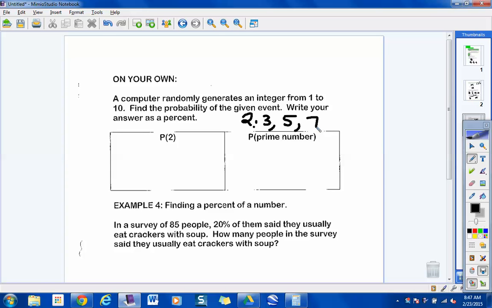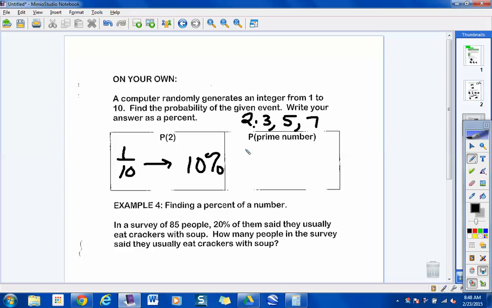Got 10 numbers in a bag again, numbered 1 through 10. All of them are covered. What's the probability you draw a 2 if they're all in there? 1/10, right? So what's 1/10 look like as a percent, guys? 10%. Okay.